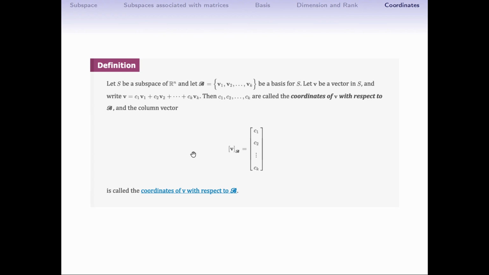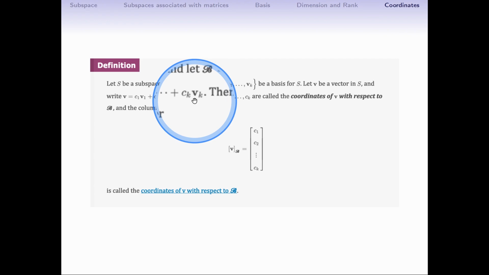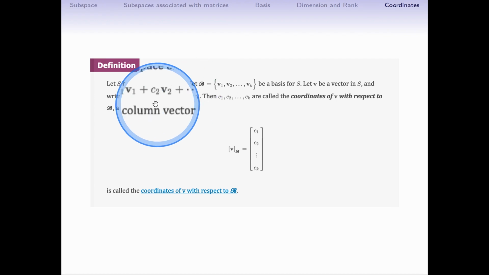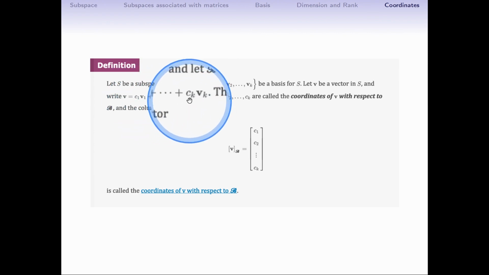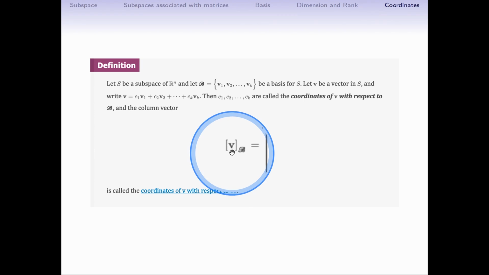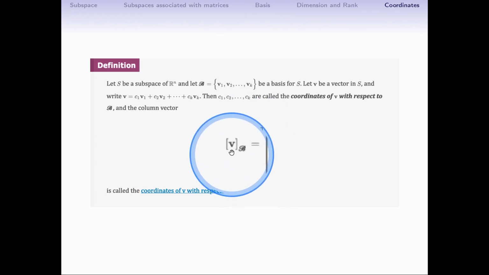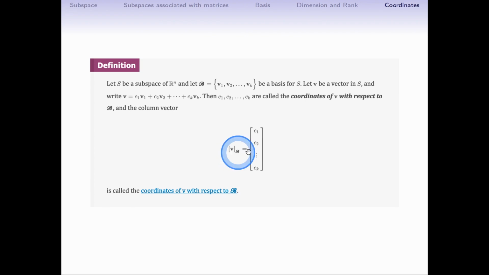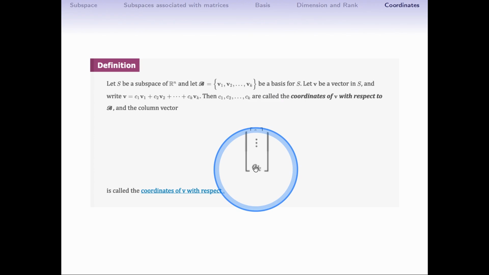Now, if I hand you a vector v in the subspace, Theorem 3.29 tells us that there's one and only one way to write v as a linear combination of the basis vectors v1 through vk, and that's to use these specific scalars c1, c2, up through ck. So once I hand you a vector in my subspace, and I hand you a basis for that subspace, this set of scalars c1 through ck is unique to that vector v. So this vector v has a unique representation in terms of this column of scalars c1 through ck.